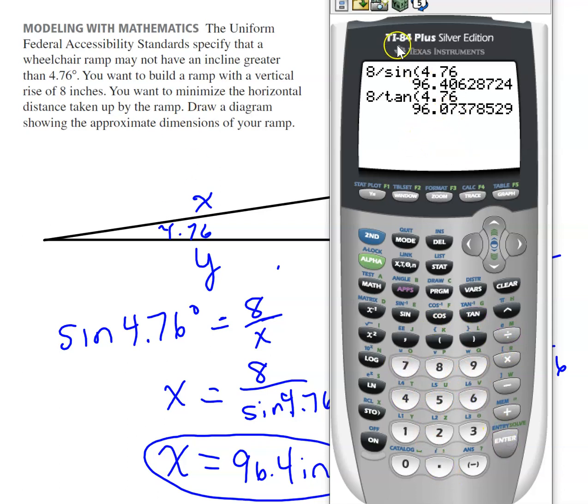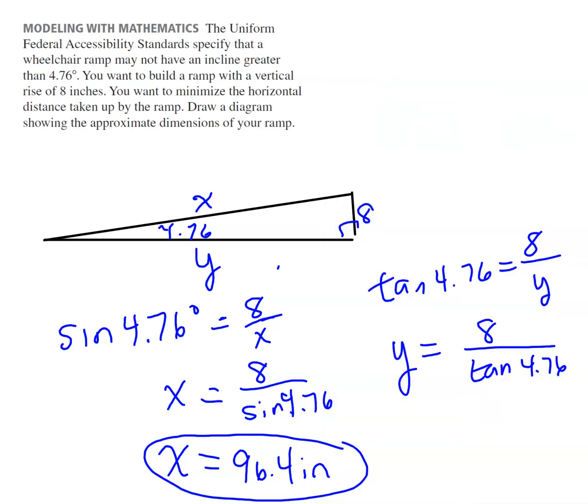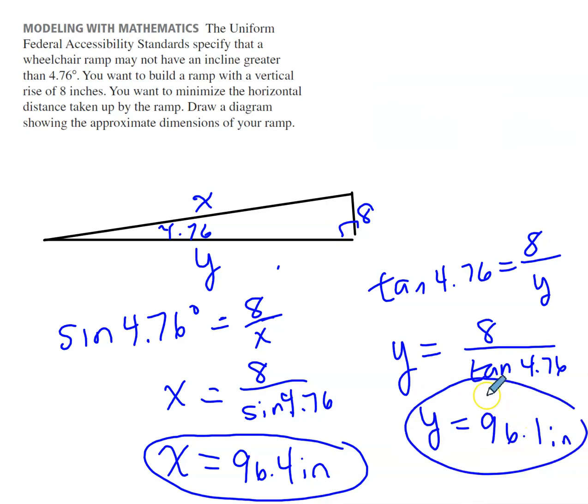And we get 96.1. So the horizontal distance of the ramp is 96.1 inches. You'll notice that there's not a lot of difference here. That's because the angle is so tiny that the ramp itself is just a little bit longer than the actual horizontal distance that the ramp is traveling.